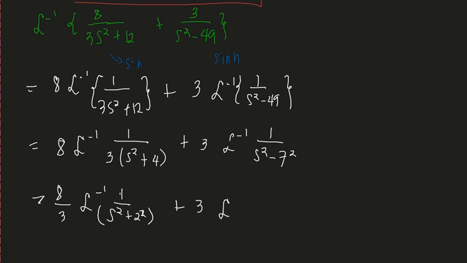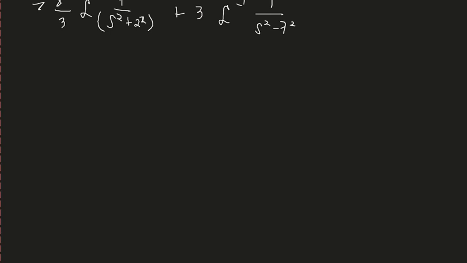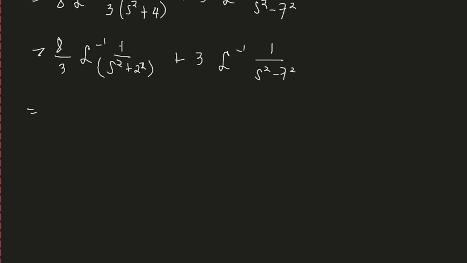Then we have inverse Laplace transform of 1 over s squared minus 7 squared. So, copy ko lang danay. So, next, take note, may ara kita dari A nga 2, may ara kita dari A nga 7. So, kinahanglan natin mag-compensate ang mga offset natin. So, we'll have 8. So, para dari, copy ko danay ang 8 all over 3.